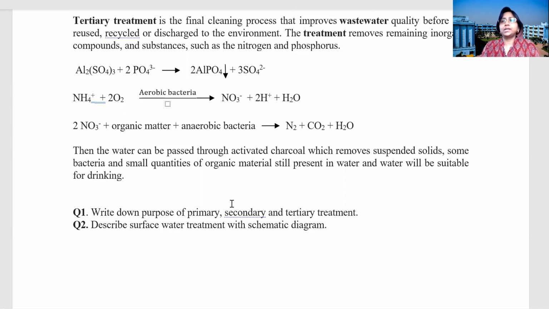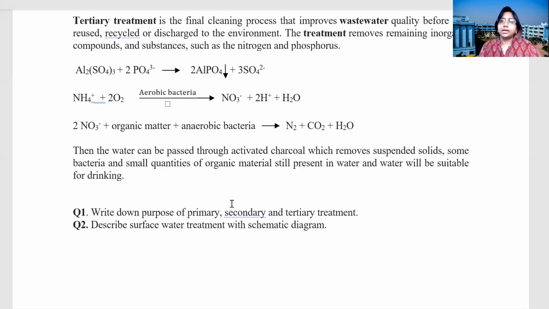Basically, the surface water does not contain arsenic or other heavy metals. That is the problem related to groundwater. So this type of treatment is not required for surface water. By a simple purification process, we can use the surface water.